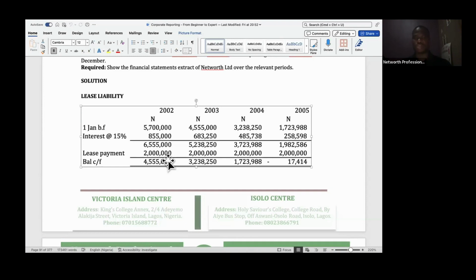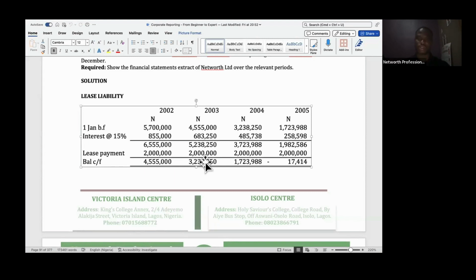So you need to separate the one you're paying next year as against the one that is due in more than 1 year. And I said the easiest way to do that, looking at this 2002, 4.5 million, you see that at the end of 2003, it has reduced to 3.2 million. That means it is the difference that is due within 1 year. That difference, we're going to treat as current liability, while the 3.2 million will be treated as non-current liability.